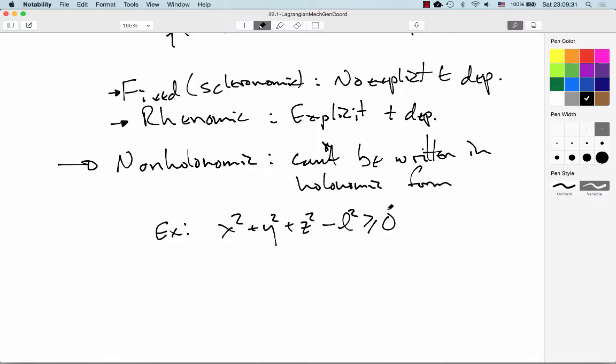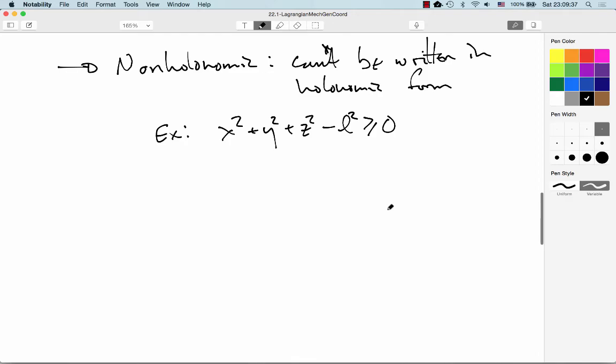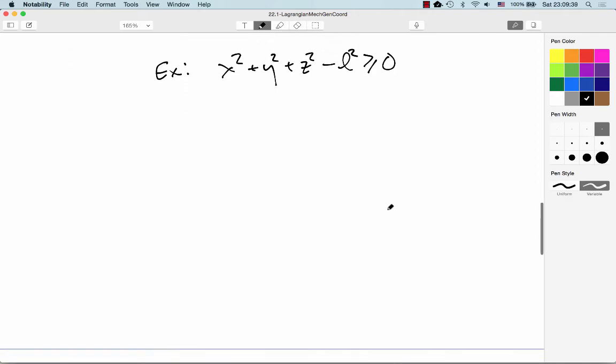Okay, so now that we got the idea of generalized coordinates down, we will want to extend the idea so that we can express the kinetic and potential energy in terms of generalized coordinates.